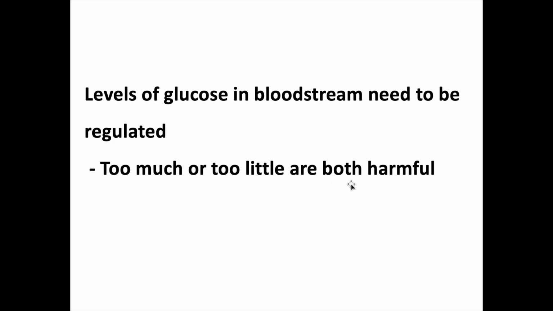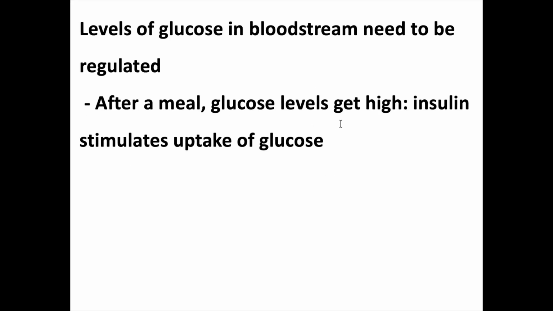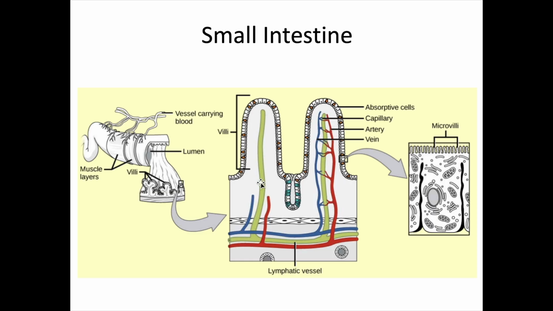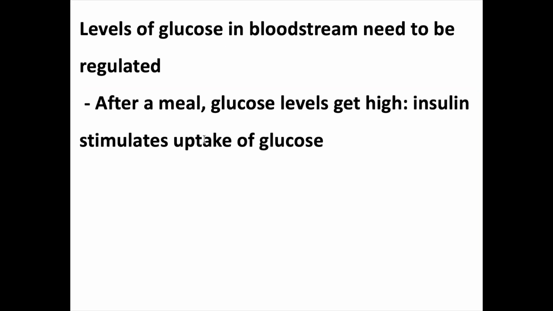Too little glucose is also bad. Where is this glucose coming from? Well, after a meal, your glucose levels get high. Remember, after you eat food, those nutrients are broken down and absorbed in the small intestine into the bloodstream. So after you eat a meal, glucose levels in your blood are going to get high.